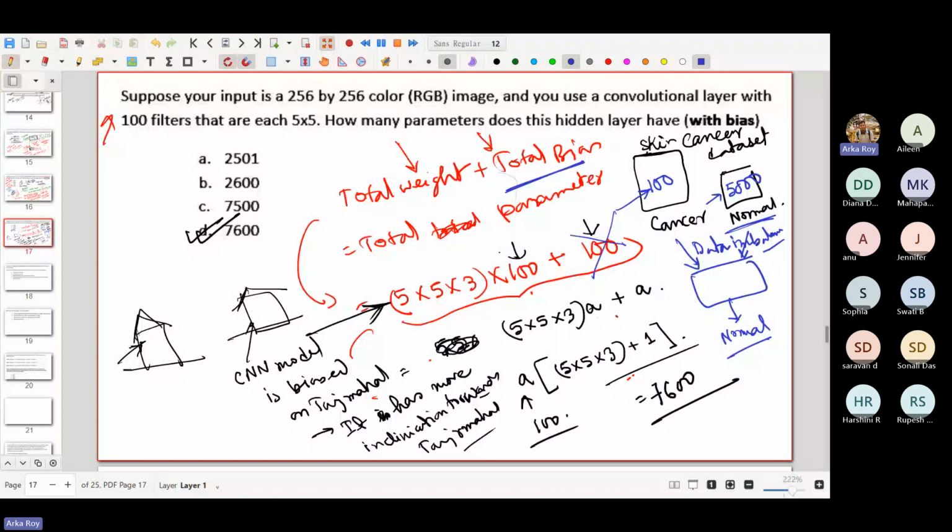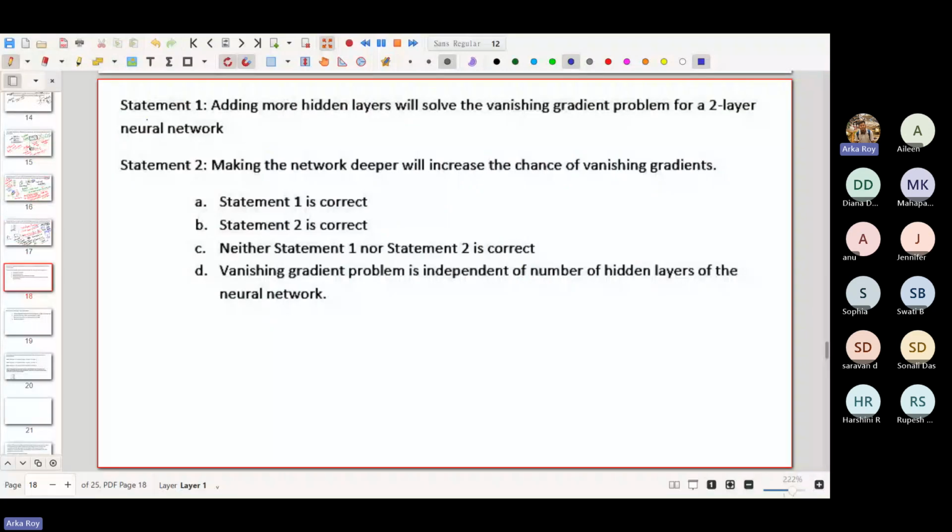Yes, so let's move to the next question. The next question states that statement 1 is: adding more hidden layers will solve the vanishing gradient problem in a 2-layer neural network. This is a pretty wrong statement, because let's say you have a model which has 2 hidden layers and an output layer.